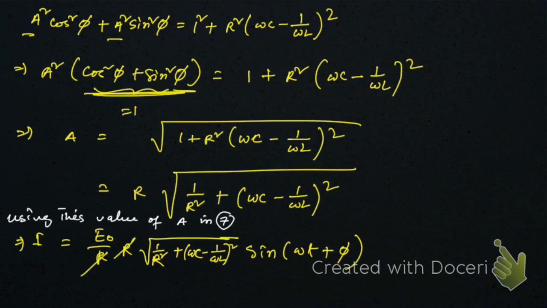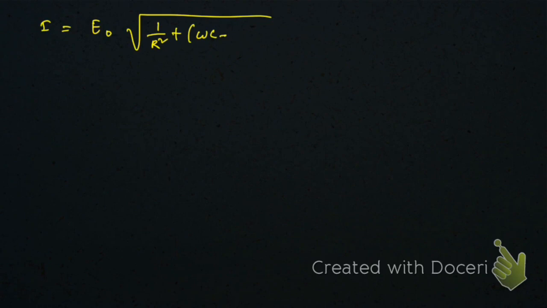So now our result becomes I is equal to E naught root over 1 by R square plus omega C minus 1 by omega L whole square sine omega t plus phi. That's what we will get, right?